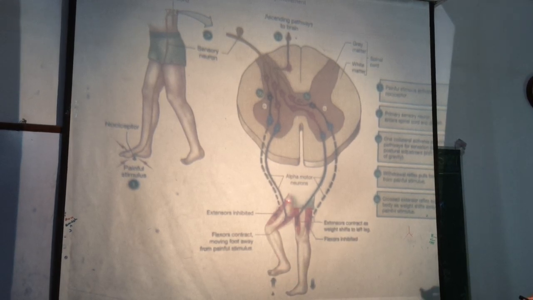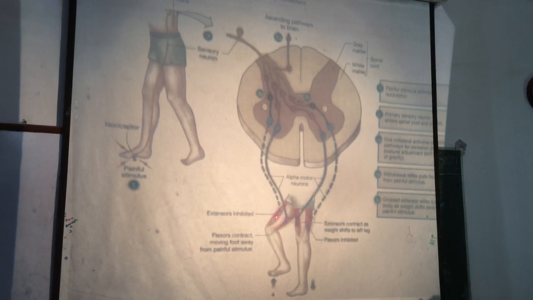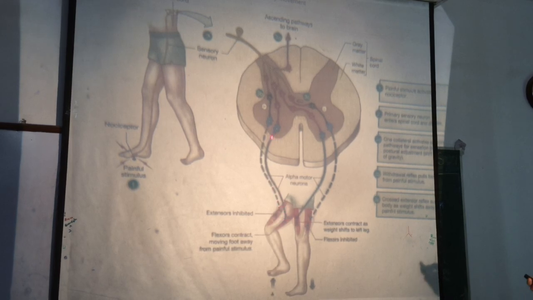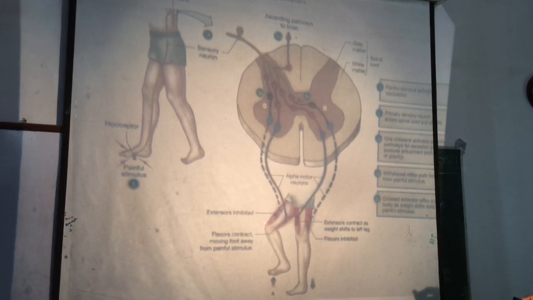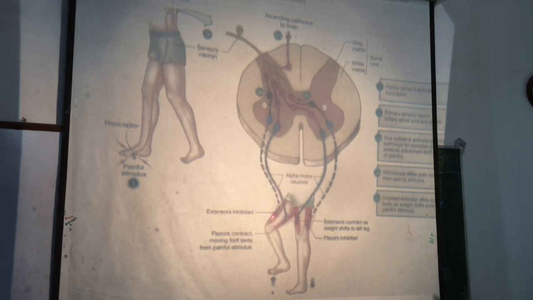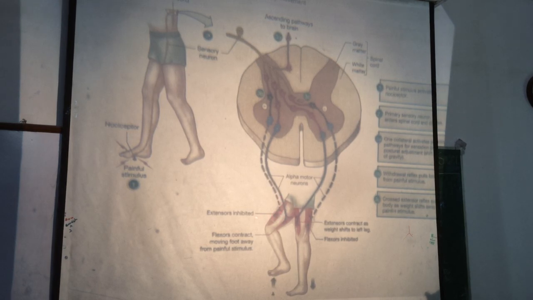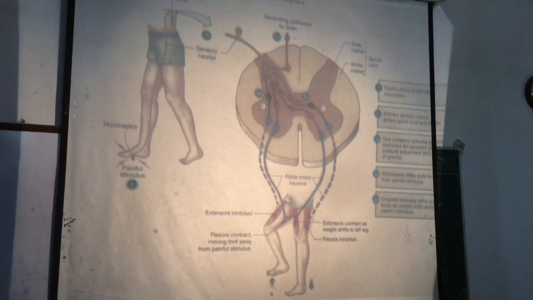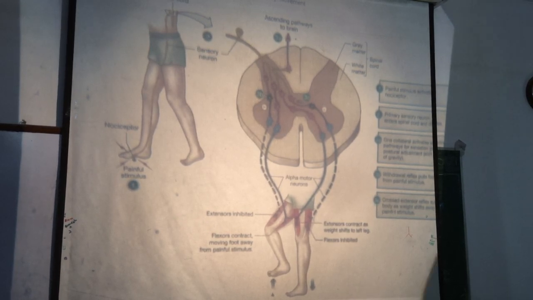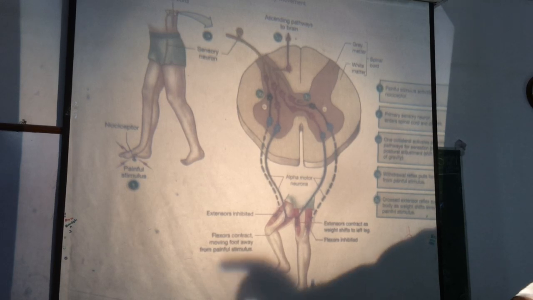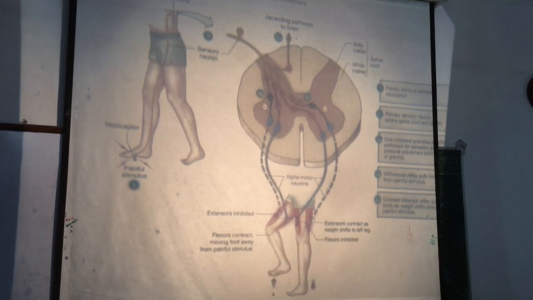So on the right side, motor neurons of flexors are excited, while the motor neurons of extensors are inhibited. And this is through reciprocal inhibition and reciprocal innervation.